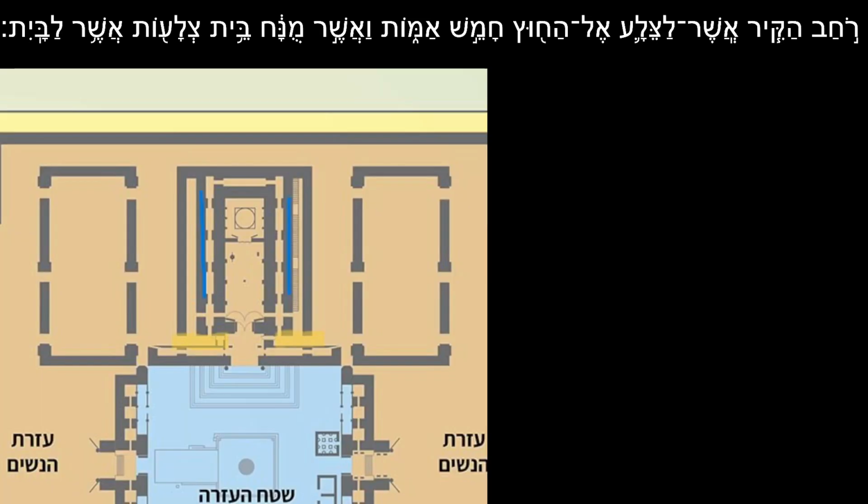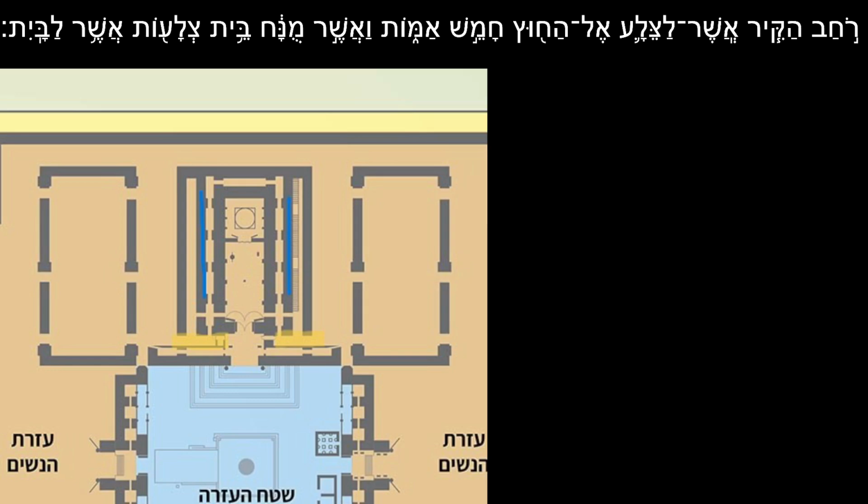The width of the cell's wall, which was outside of the cell, facing outwards, was 5 amos, and I highlighted that in blue, so you can see that first, right outside the Heichal, there are the cells, and the walls after that, 5 amos.